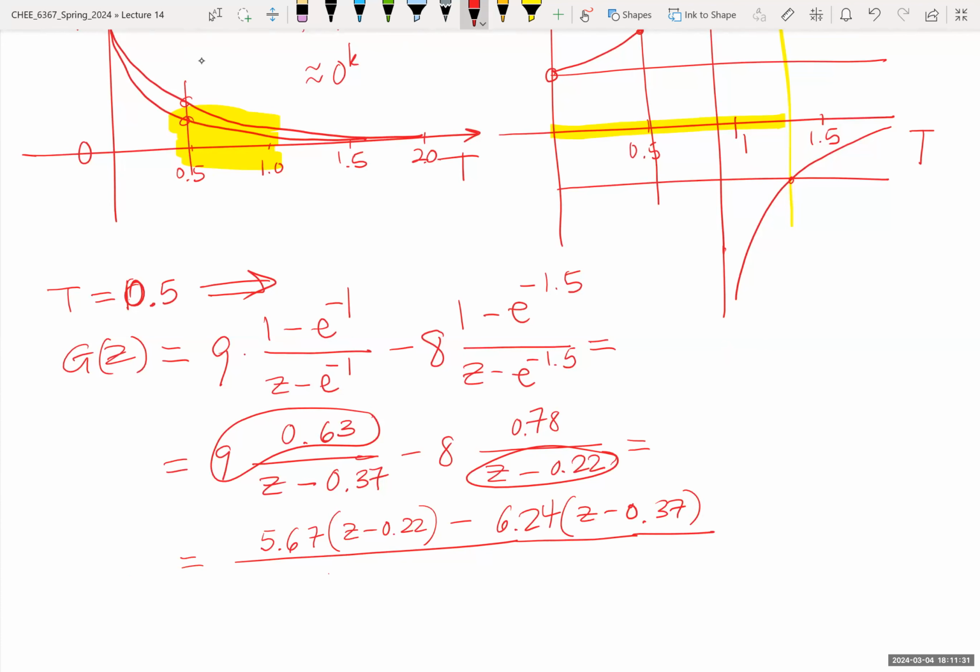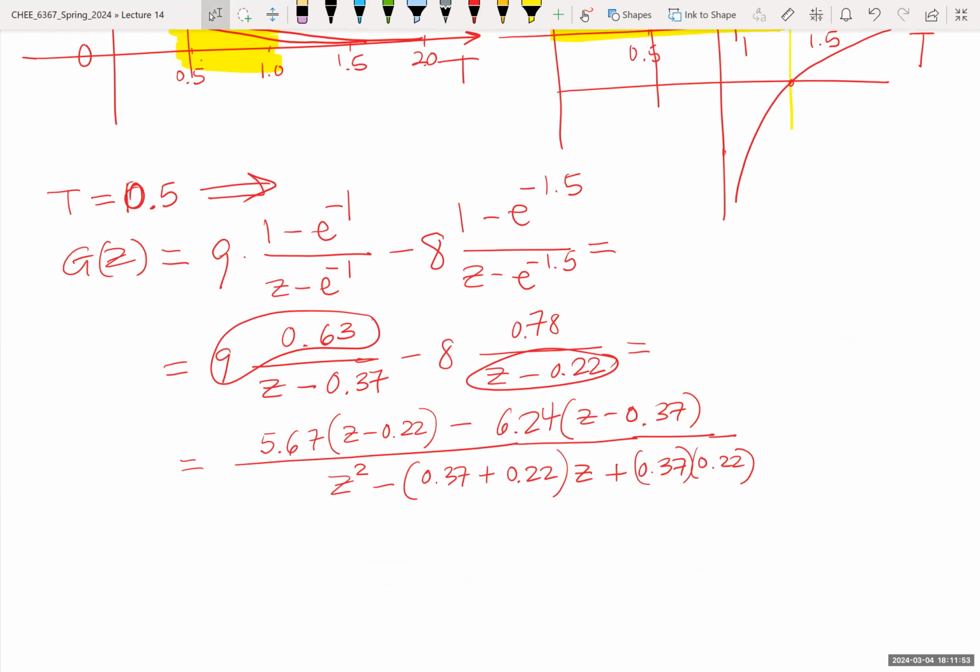The denominator has z square minus 0.37 plus 0.22 z plus 0.37 times 0.22. First of all, is my algebra correct? I'm not looking at a cheat sheet. I'm doing this on the fly.